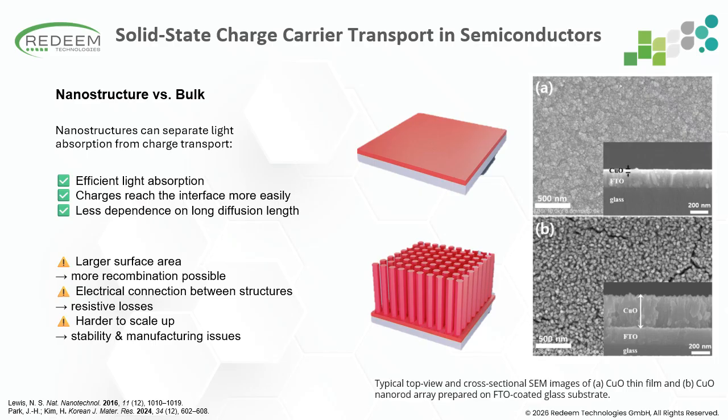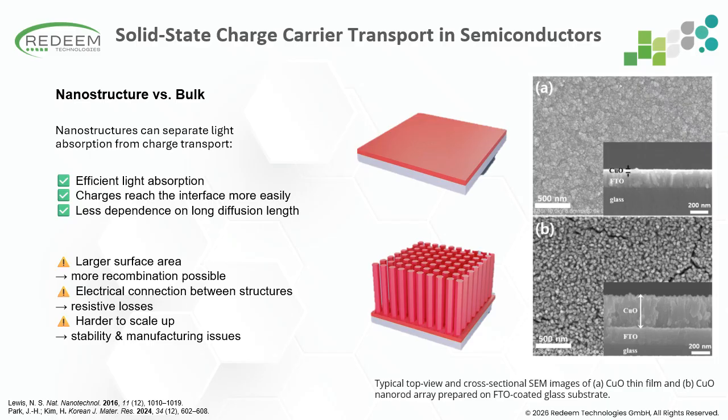And this greatly reduces recombination losses and makes materials with shorter diffusion lengths, such as hematite or copper oxide, much more practical. The SEM images here illustrate this concept with copper oxide, and the upper image shows a compact thin film, whereas the lower image shows a nanorod array with much larger active surface area.